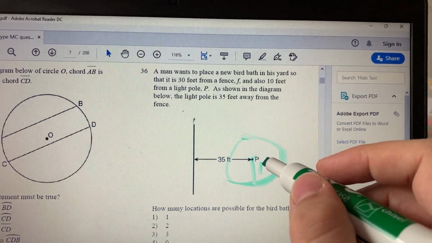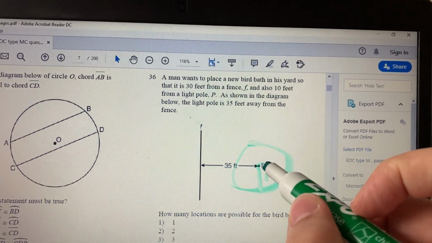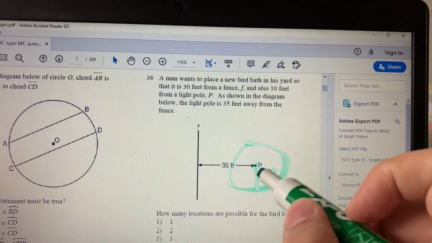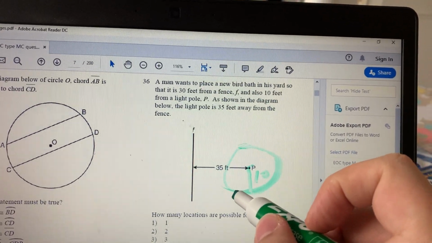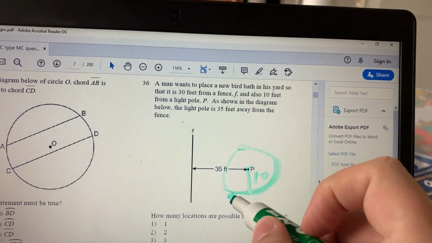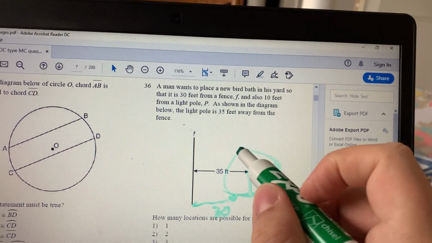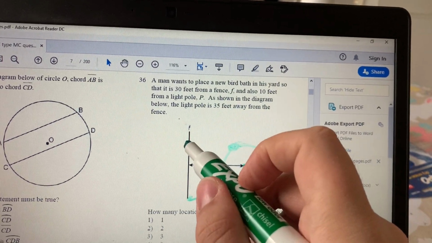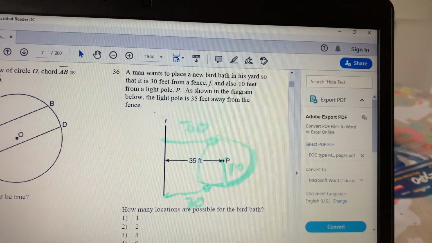So again, if this is 35 feet away from the fence, it's almost logic at this point, all right? You would have to think there would be some point down here that's 30 feet away from the fence, and some point up here that's 30 feet away from the fence.